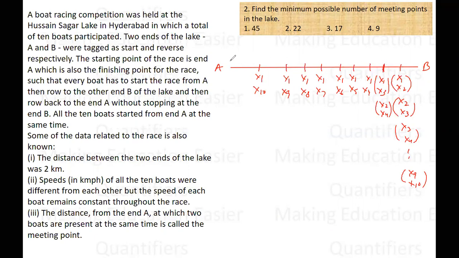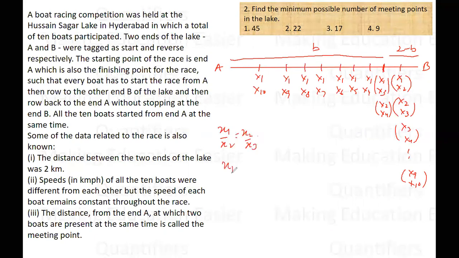For that, the logic is again the same: the distance up to this point is, let's say, b, and this distance is 2 minus b, the same logic which we discussed previously. Basically, in the first case the ratio of x1, x2 was the same as x2, x3. In this case the ratio of x1, x3 will be the same as that of x2, x4, and so on. Next will be x3, x5, and so on. Right, so their ratios will be the same.